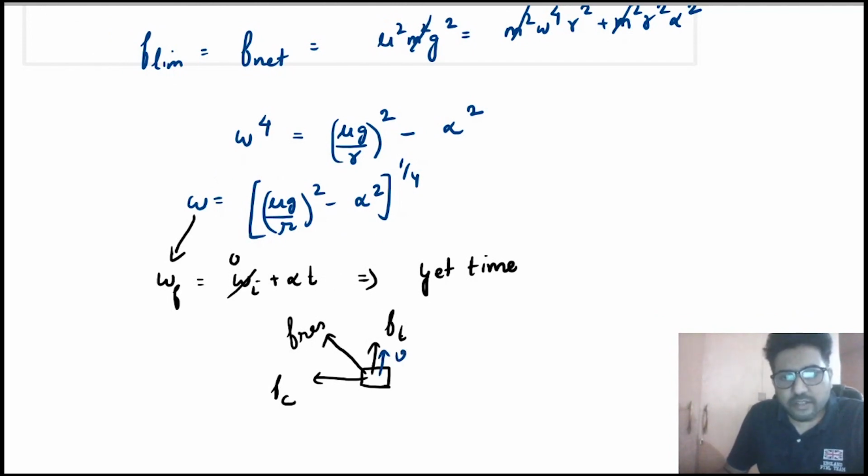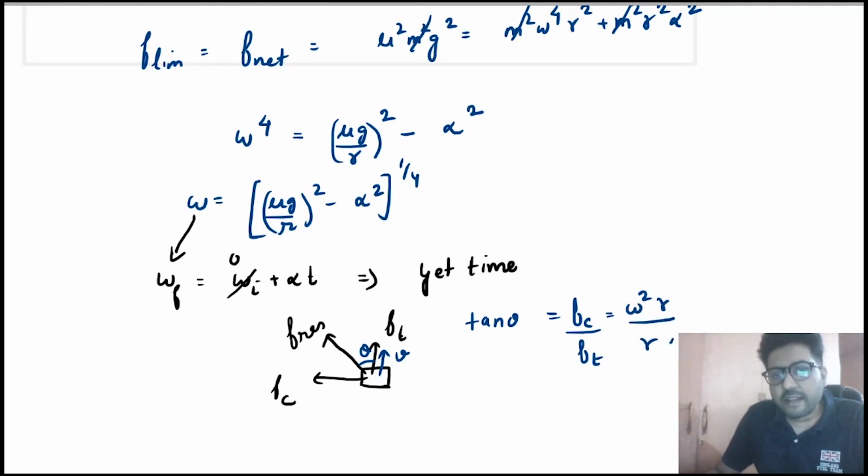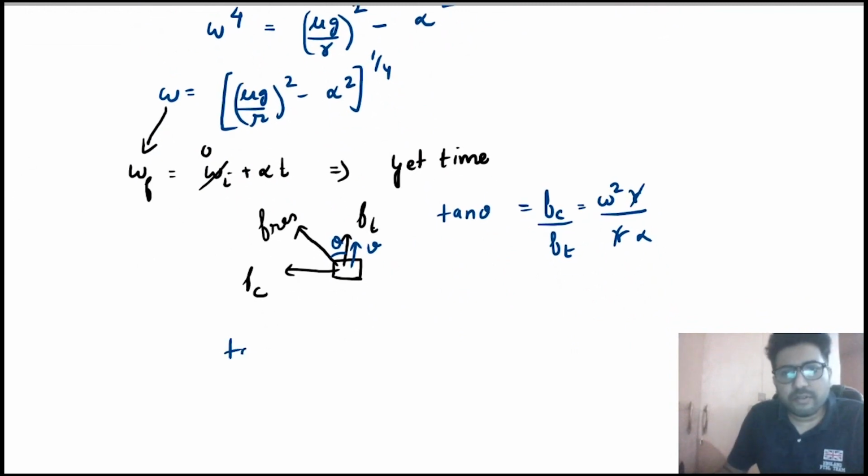So this is the direction of velocity. So the resultant friction makes an angle theta with the velocity. So you will say tan theta is equal to fc by ft. And what is fc? Fc is omega square r and ft is r alpha. R getting cancelled. So you will get tan theta is equal to omega square by alpha, and put the value of omega from here, you will get the value of theta.